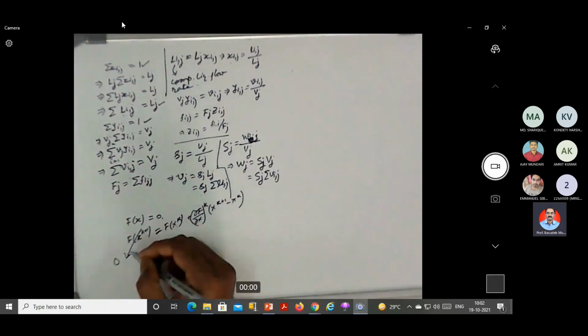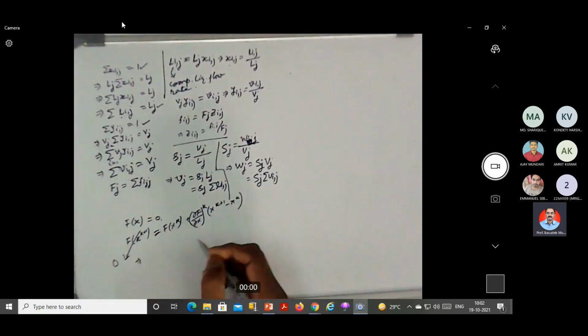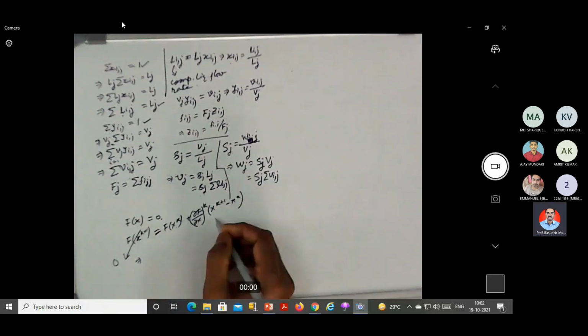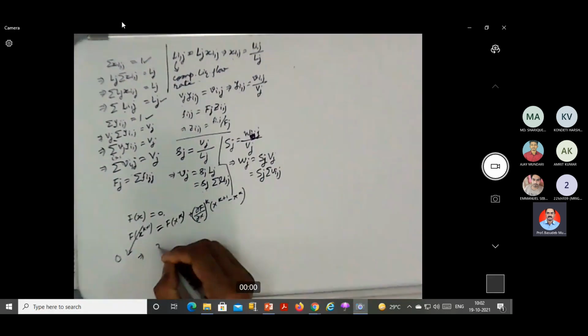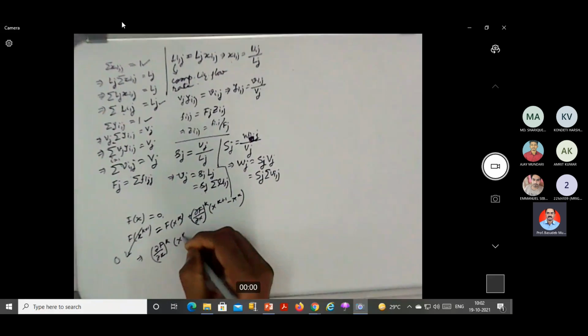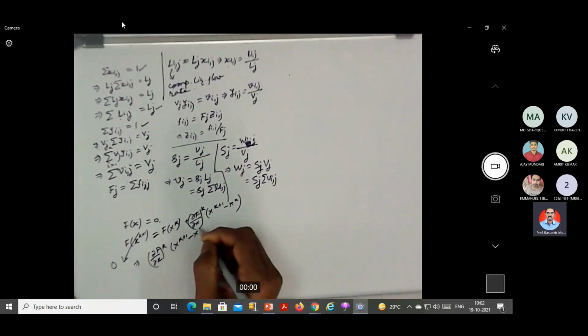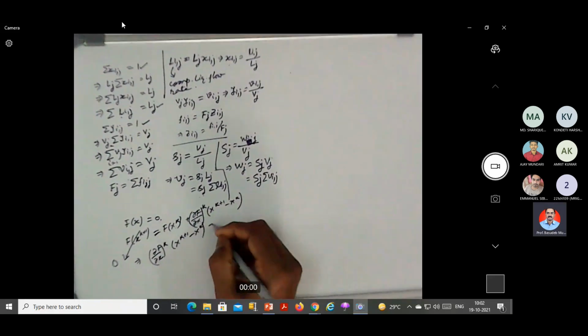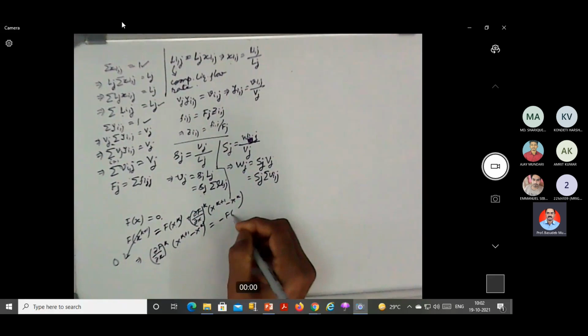When we write this equal to 0, from here we can write del f del x at kth iteration level into xk plus 1 minus xk equal to minus f(xk).